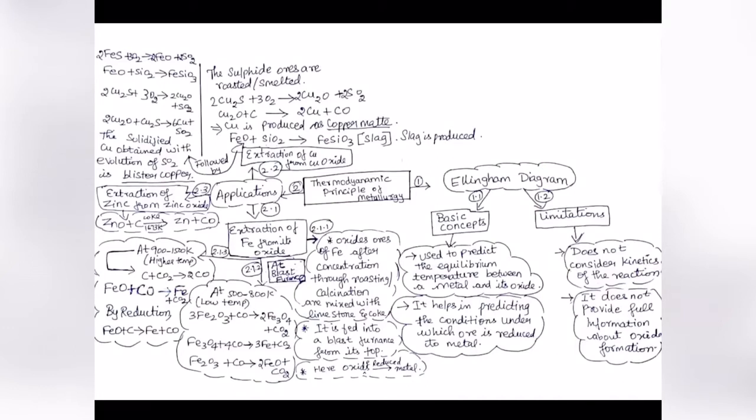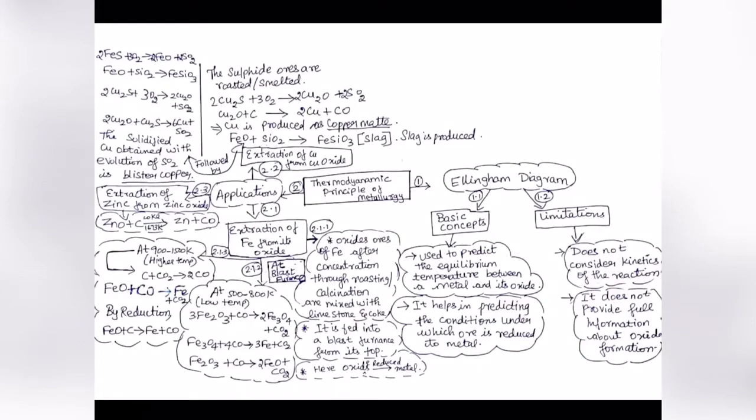This is followed by the reactions: iron sulfide plus oxygen gives iron oxide plus sulfur dioxide. Iron oxide plus SiO2 gives FeSiO3, which we already saw is the slag. Cu2S plus O2 gives Cu2O plus SO2. Cu2O plus Cu2S gives Cu plus SO2.